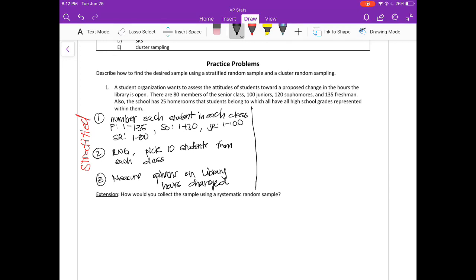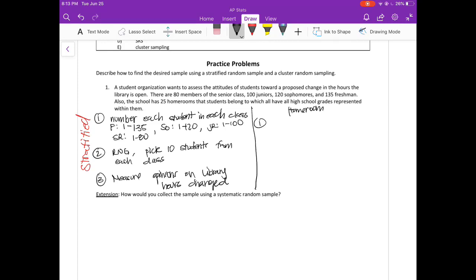So for a cluster, this is looking at the homerooms, because the homerooms represent all of the grades, right? There's some freshmen, some sophomores, some juniors, and some seniors. Think of it as like if you had a learning lab that had mixed grades in it. That's basically what's happening here.